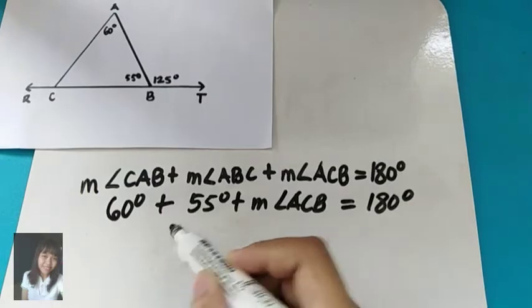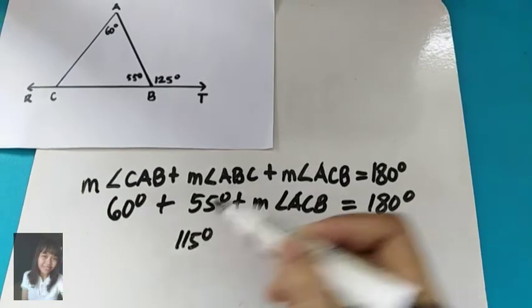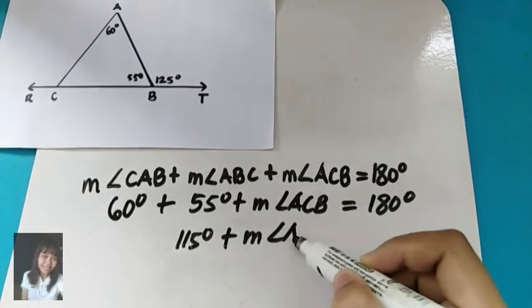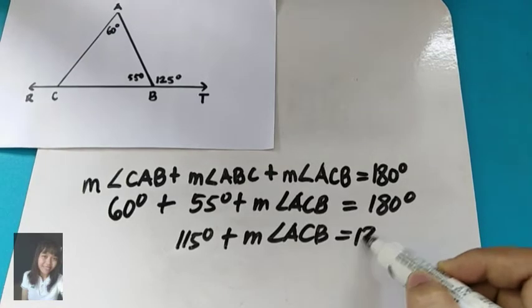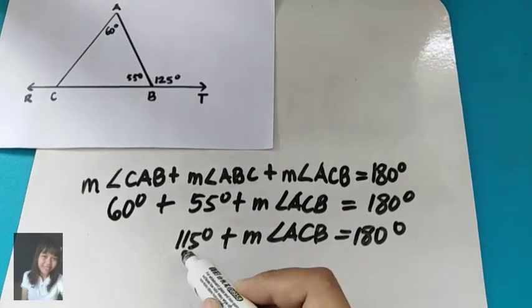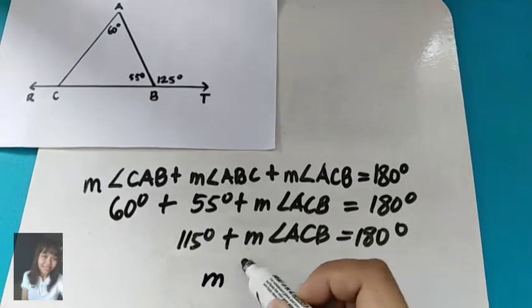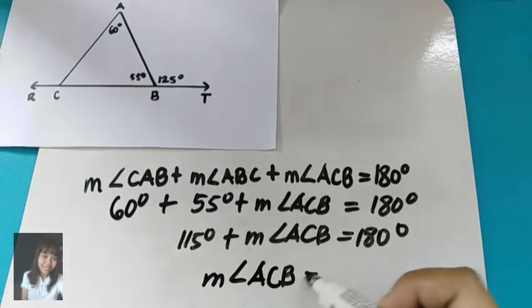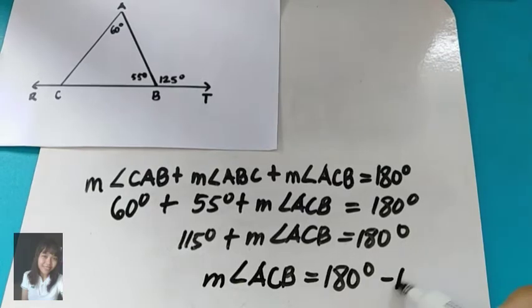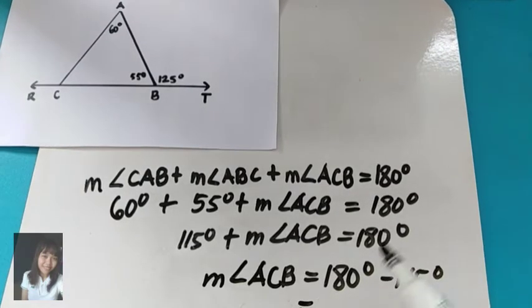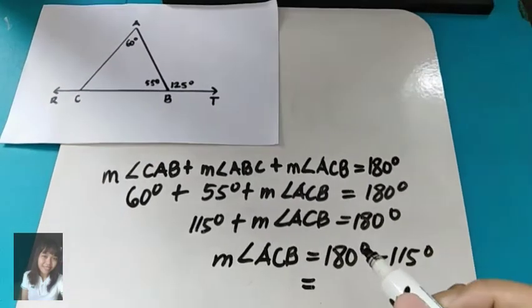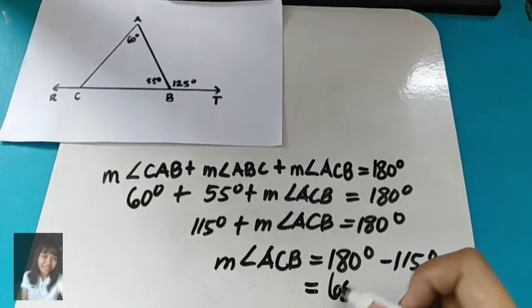Adding these two, it is 115 degrees plus the measure of angle ACB is equal to 180 degrees. Adding the inverse of 115 to both sides to find the measure of angle ACB, we have measure of angle ACB is equal to 180 degrees less 115 degrees. So, the measure of angle ACB is equal to 65 degrees.